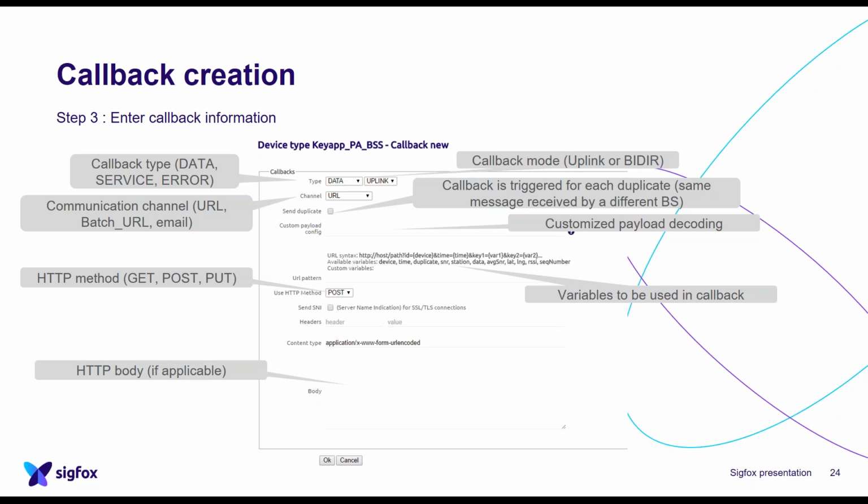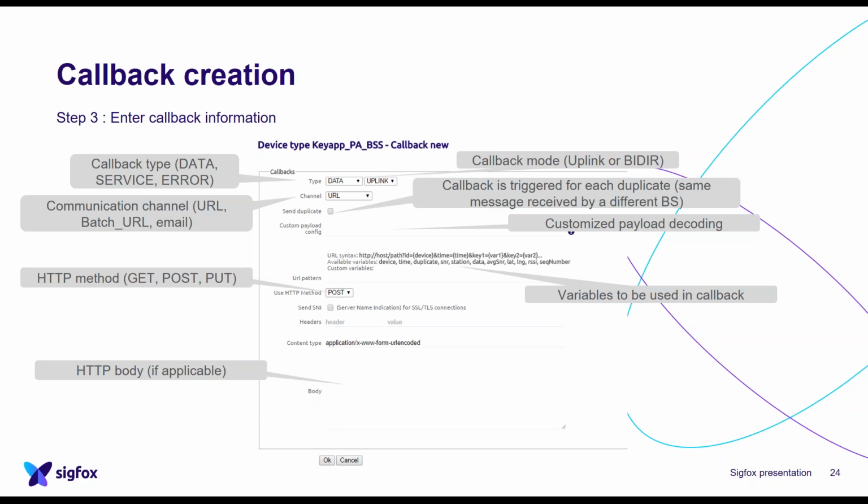So you can select either to receive only 1 message per message reception, or 1 message per frame reception, which is quite huge.